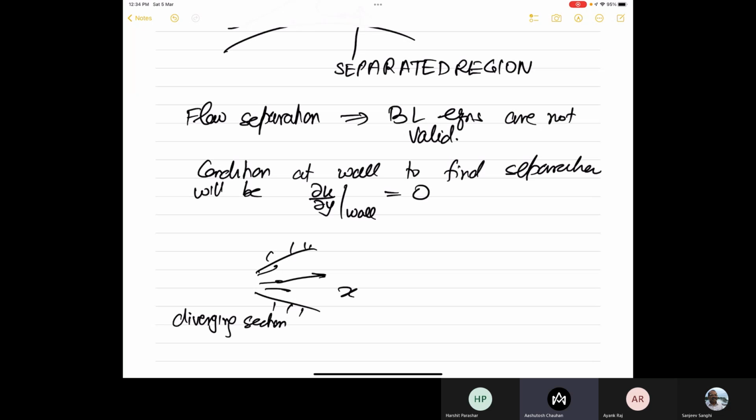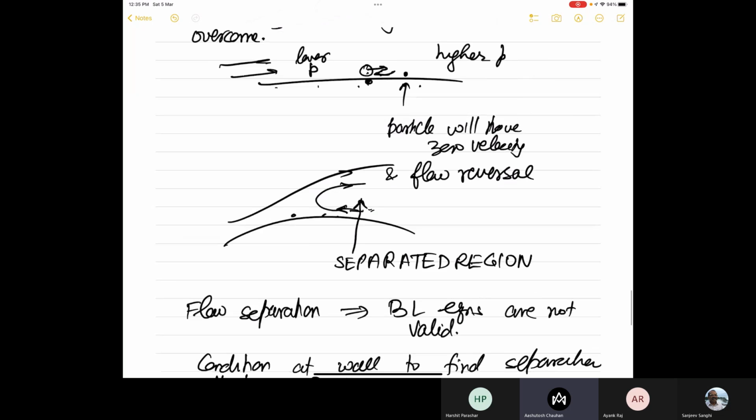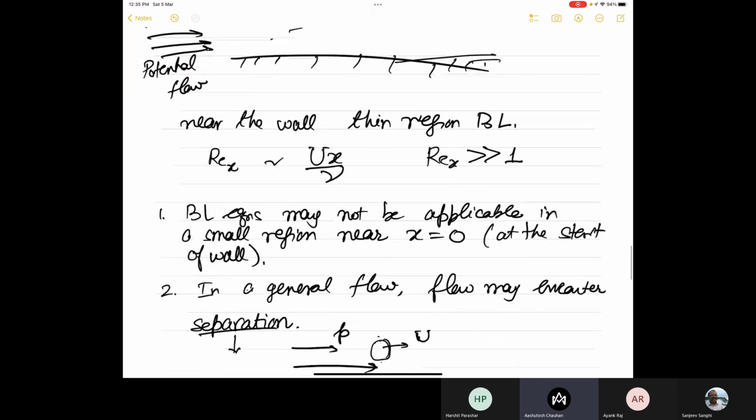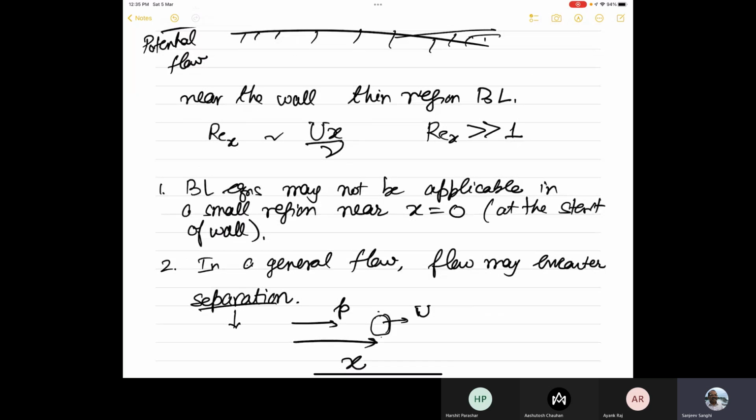So in the first point, we said that in some region this boundary layer equation may not be valid, very close to x equal to 0.